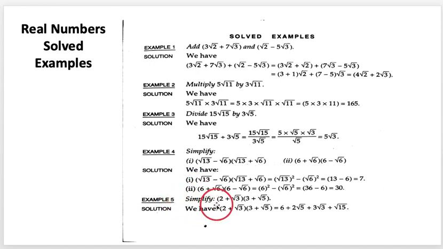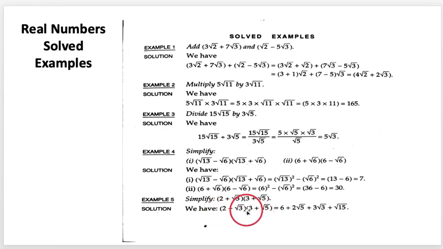Example 5: simplify 2 plus root 3 into 3 plus root 5. Here you will notice that we cannot use any formula. Here you have to multiply. How will we multiply? See, in the first bracket, 2 plus root 3, first 2 is there, so you will multiply this with 2.